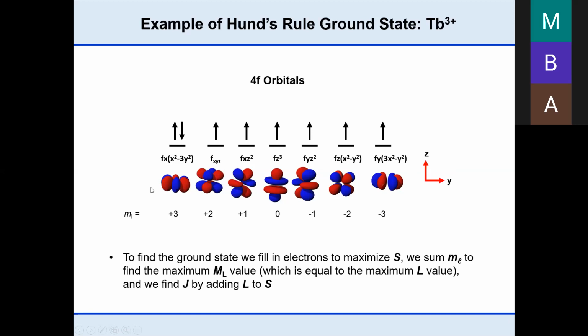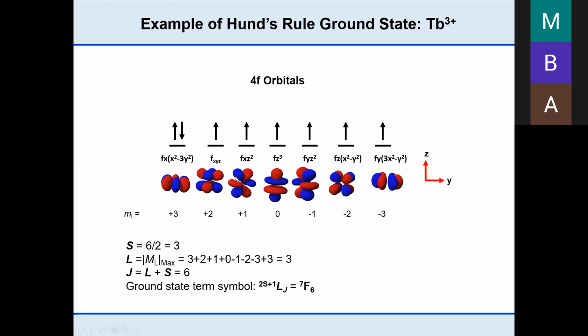So we just add L to S, and that gives us a value of 6. So that's all illustrated here. And our ground state term symbol for this is 2S plus 1, which is the multiplicity, F to represent an L value of 3, and 6 to represent our J state of 6.